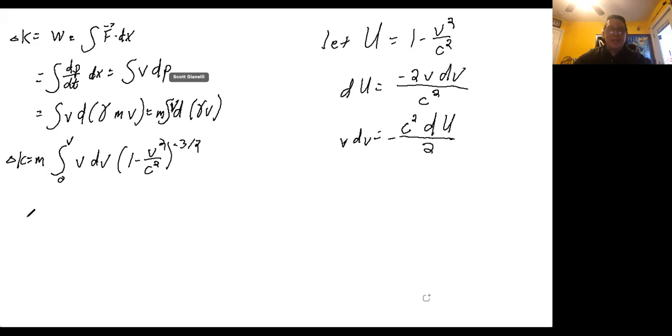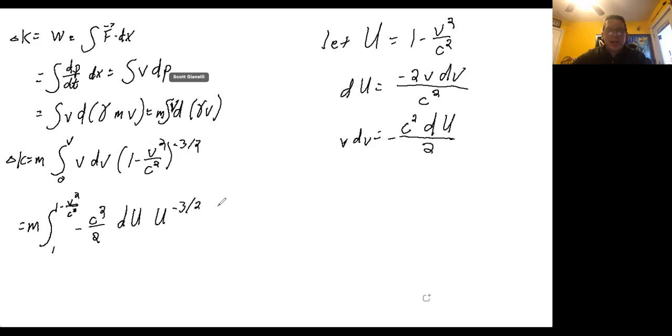Okay, so now let's plug that in. So the M stays over here. Instead of going from 0, you're starting at 1, and then V just becomes 1 minus V squared over C squared. And so now you have the VdV equal to negative C squared over 2 dU, and you're multiplying by this, so this is now U to the negative 3/2.